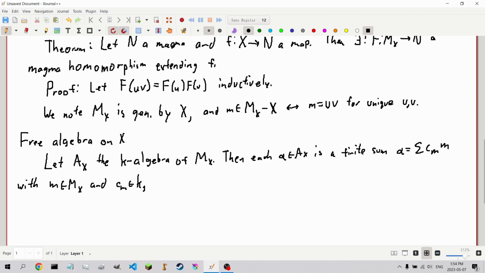And the multiplication in AX extends the multiplication of MX.